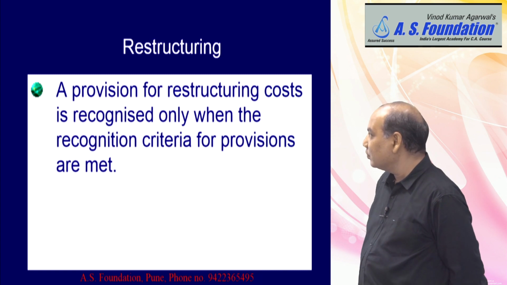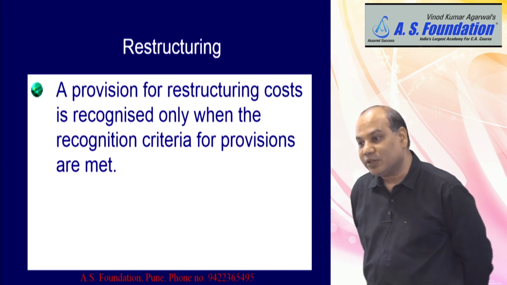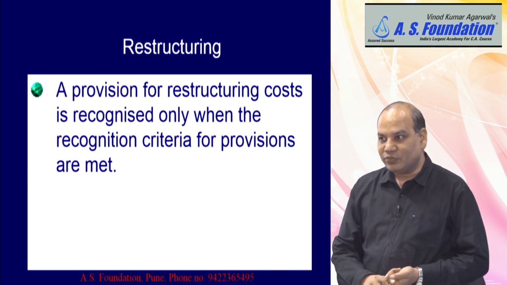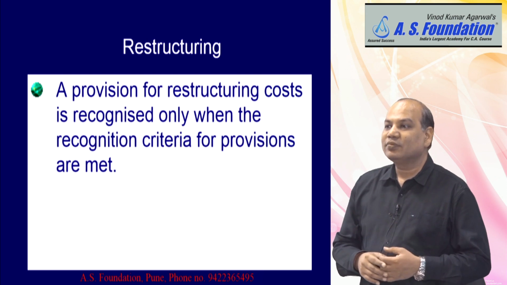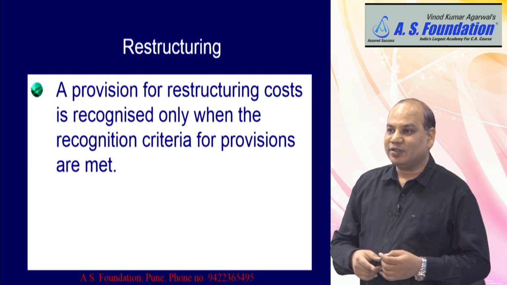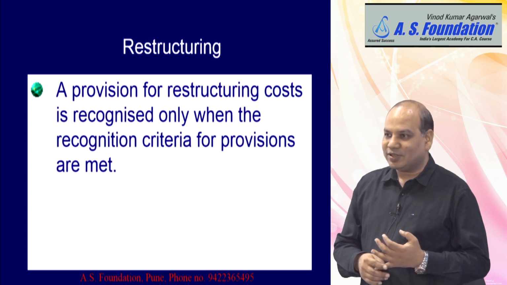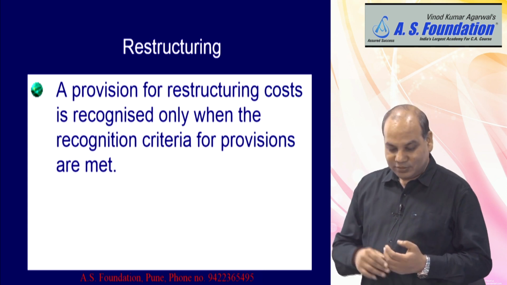Same 4 conditions. That is when the recognition criteria for provisions are met. What are those 4 conditions? 1. Present obligation arising from past event. Economic outflow of resources will take place and a reliable estimate can be made.